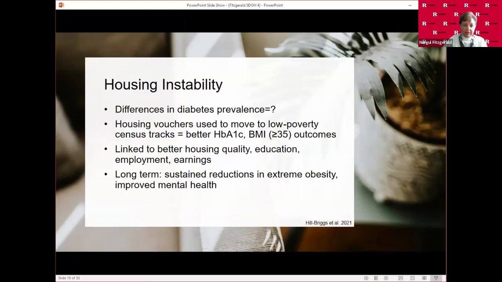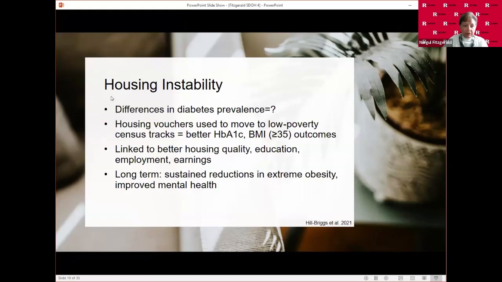Another one, they gave the same vouchers to people, but let them decide where they would like to use those vouchers. And in the third arm, they mandated that the vouchers could be used only in low poverty census tracts. So better neighborhoods, in other words, economically better-off neighborhoods.